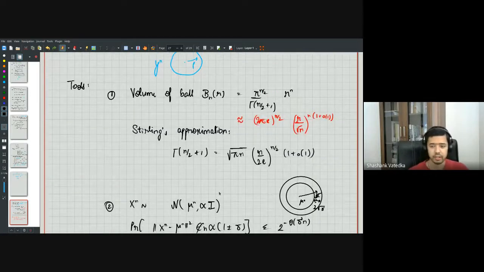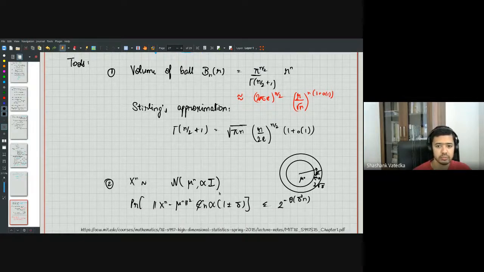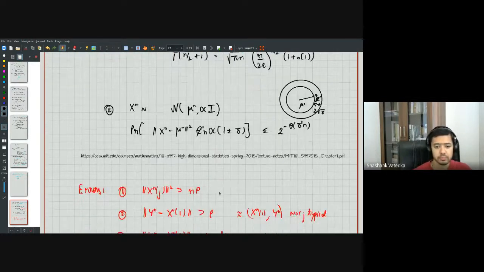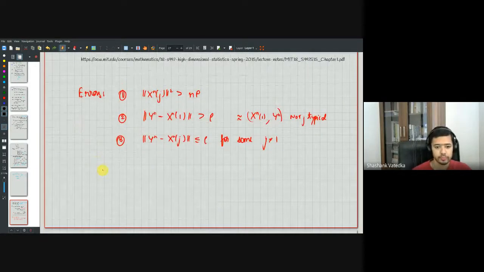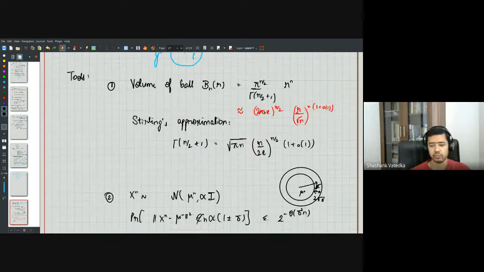Probably one interesting fact about the volume of the ball is the following. Let us look at the volume of a ball of radius square root np. As I said, this is roughly equal to 2 pi e raised to n by 2 times this.